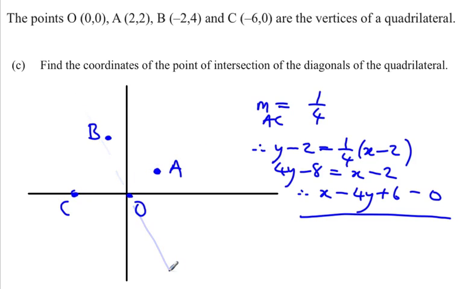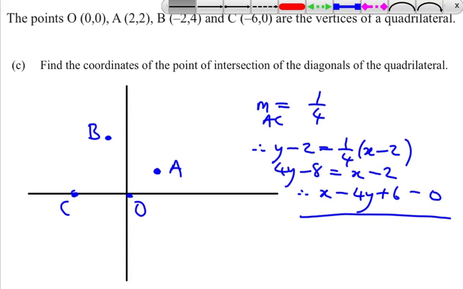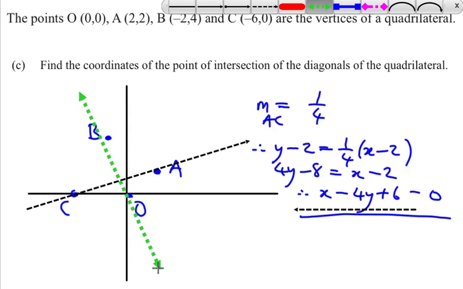The line AC looks like that, and the equation is this guy, and BO is this guy, which I'm just going to, BO, you're quite right.